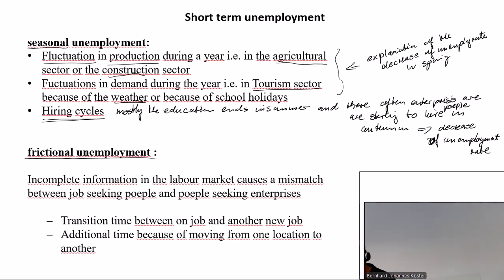So in general, this is a problem of incomplete information in the labor market, in the seeking process. So sometimes if you quit one job, although it is clear that you get a new one, you have maybe a window of some months before starting the new job.